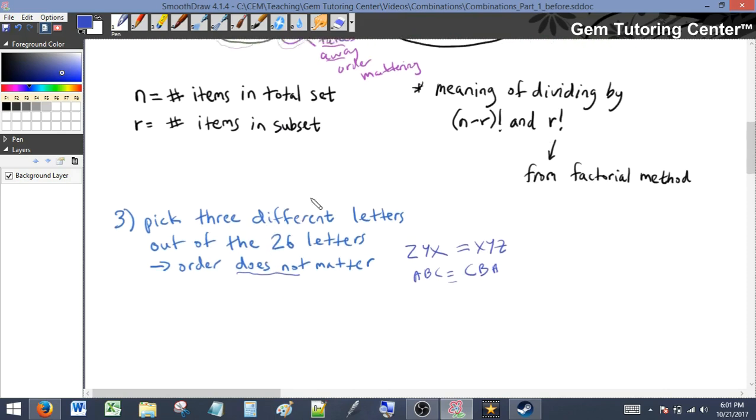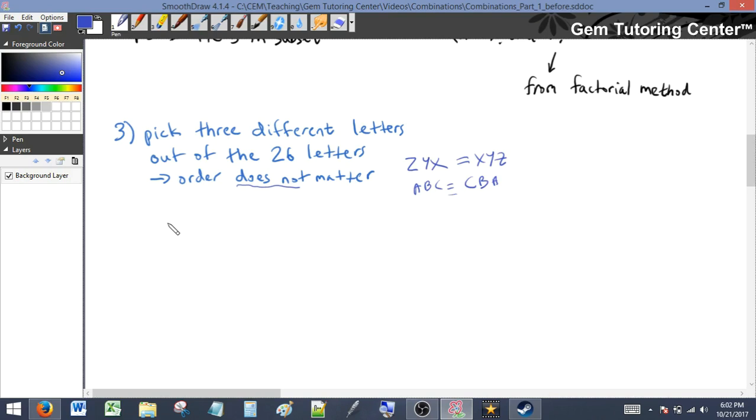The first question we ask ourselves is, what is n? N is the total number of letters that we can choose from, which is 26. And we're picking 3 different letters, so r is equal to 3. Let's draw a little picture here. Pictures always help. This is 26, this is 3, and this is 26 minus 3, which is 23.